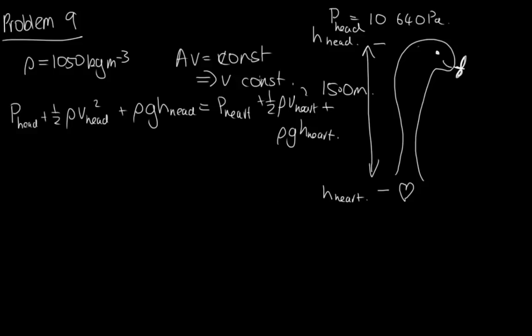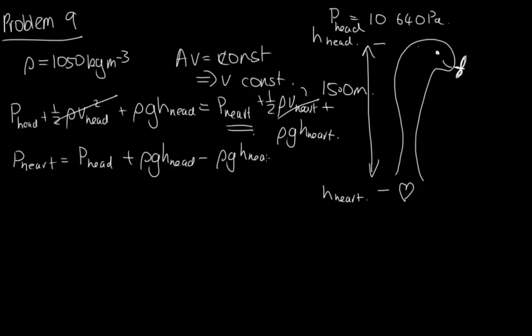Now we've just said that the velocities are the same, so this term and this term will cancel out. And what we're trying to work out is the pressure in the heart. So the pressure in the heart is equal to the pressure in the head plus rho G H head minus rho G H heart.